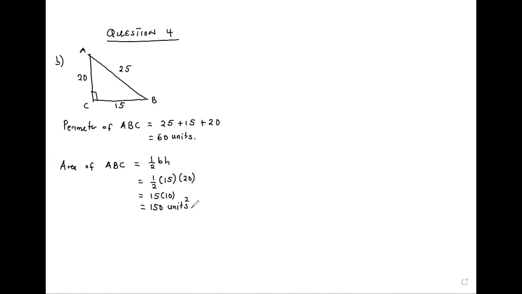Then find the size of the internal angles. As you can see, we are looking for the size of this angle. Let's call it theta, and this one we call it alpha. So how do you find the size of these internal angles?